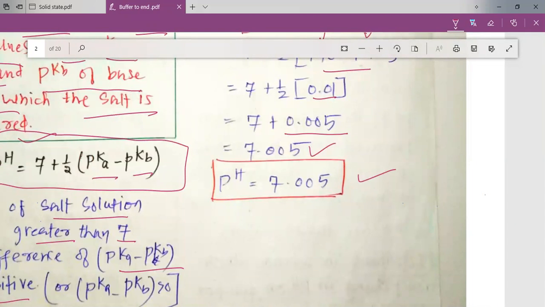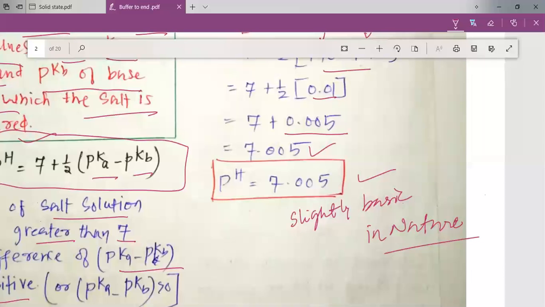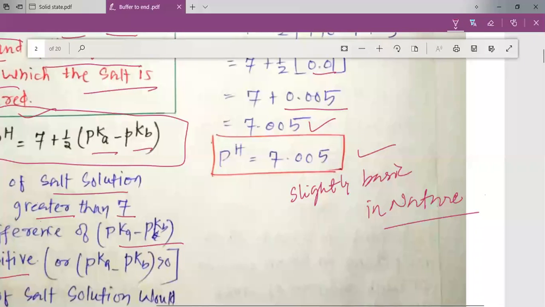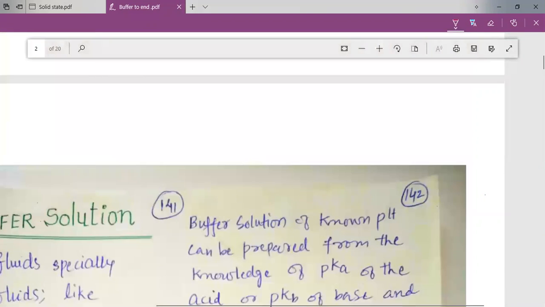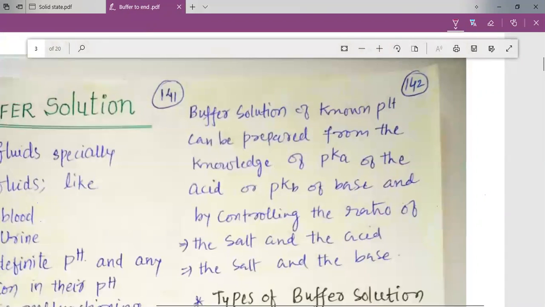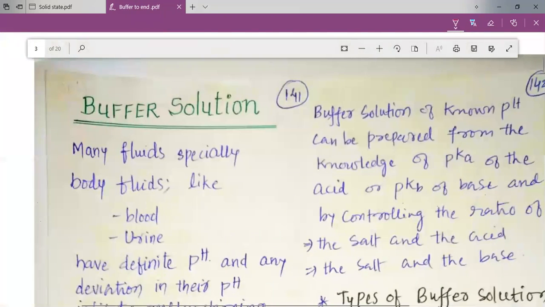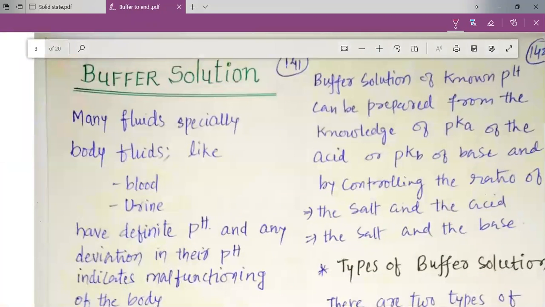So we can say that the salt is slightly basic in nature. So this is how, my dear students, for a salt formed from a weak acid and weak base, we can find the pH easily. If the values of Ka and Kb are given, we can calculate the pKa and pKb values, and by using this equation, we can find the solution.